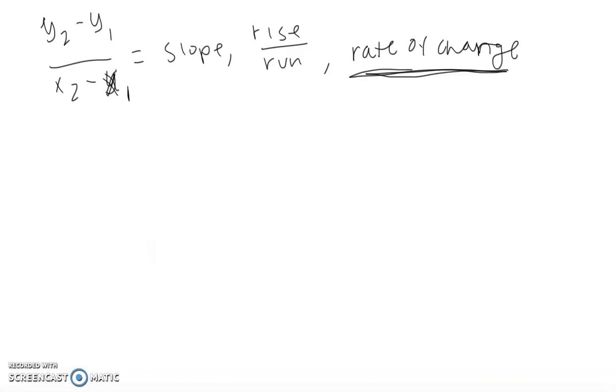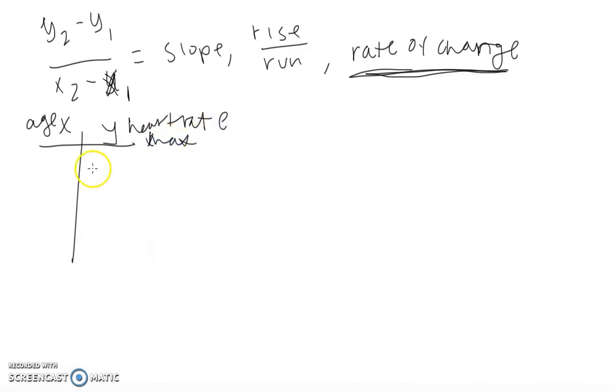Okay, so we are going to do a little problem right here. This is the x and the y. The x is the age and the y is the maximum heart rate. Sorry, that's really messy. I'm so sorry. Okay, so there's a 20, there's a 50, 180, 150.